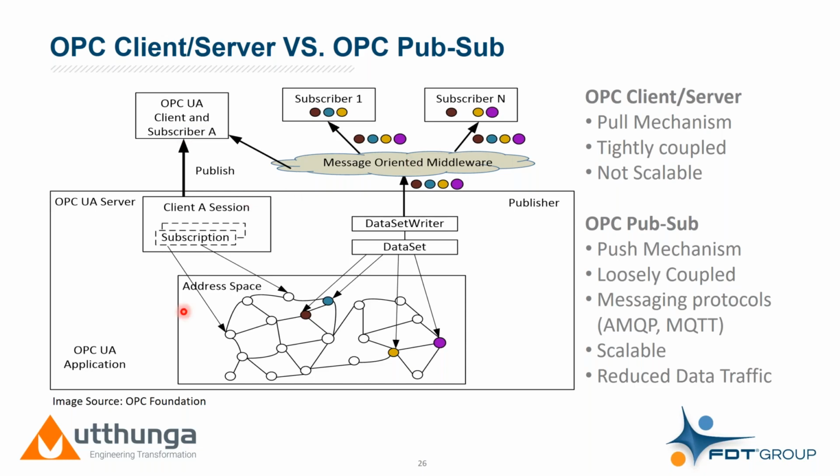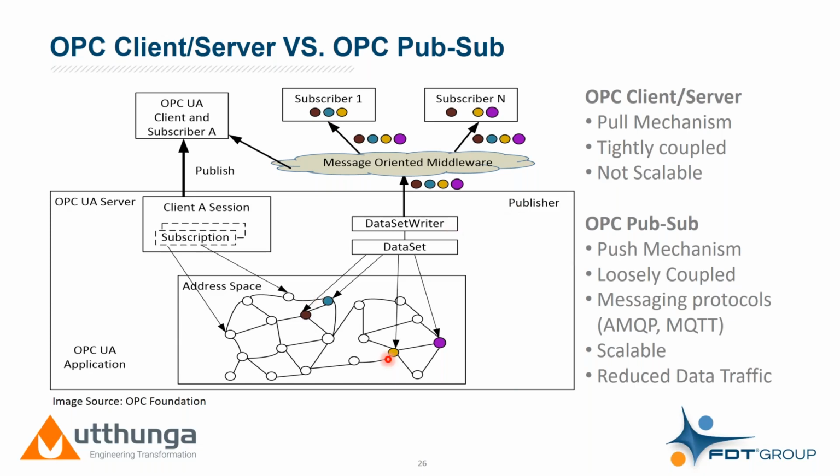In the case of a Pub Sub architecture, the publisher module can be integrated into any OPC UA server or client application. So there can be a publisher module and a subscriber module. So you have the existing OPC UA server application, but with this publisher module, you will be able to get the information of whatever is of your interest.